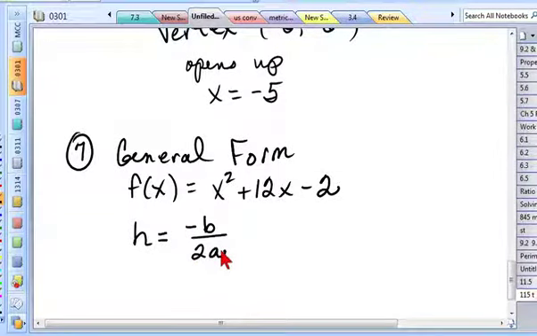Another way that you might do this when you get to college algebra is that you might complete the square on general form. It will turn into standard form. Okay, but I'm just going to use this formula. And please remember that this is, well, let me write with something you can read.